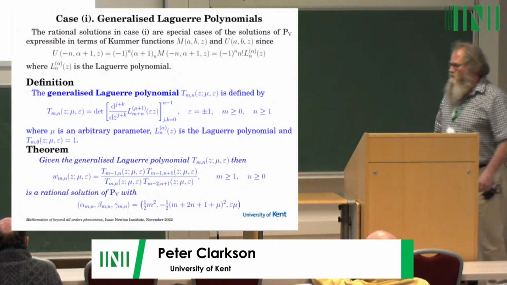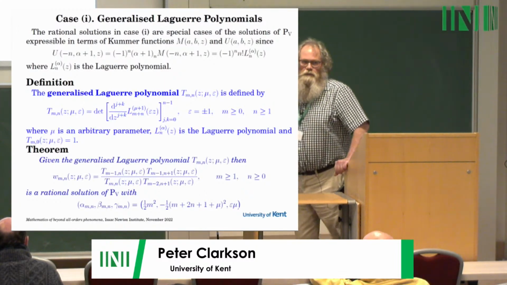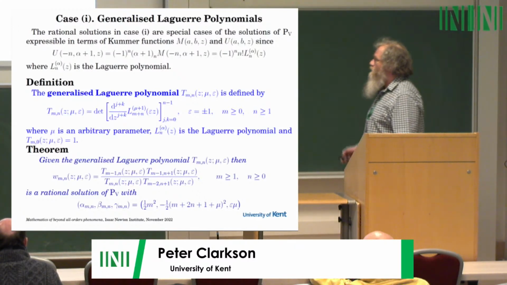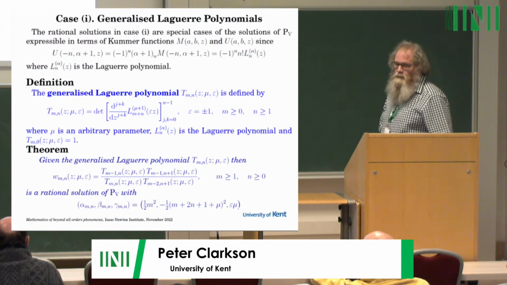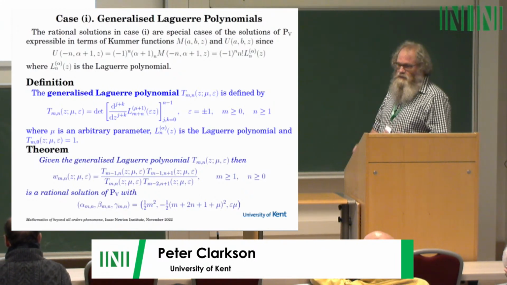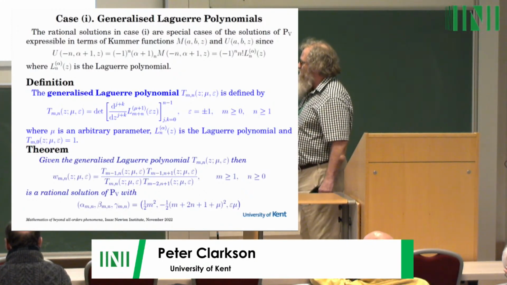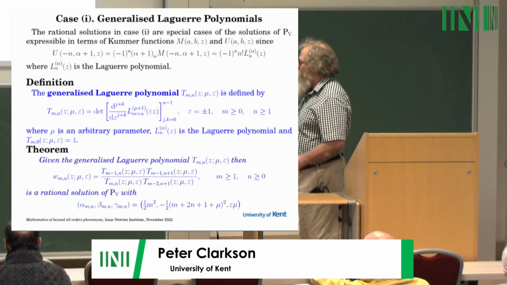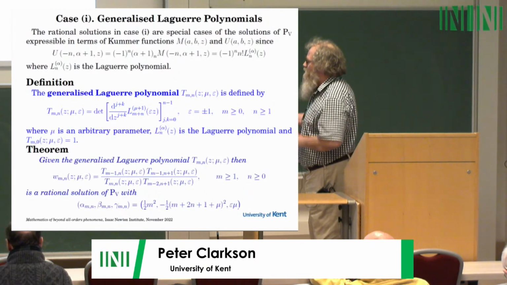Now you can get this from the special function solution just using properties of Laguerre polynomials. You can rewrite this polynomial T_mn in various different ways, and then you take a particular combination of them, you can get the rational solutions of Painlevé 5.